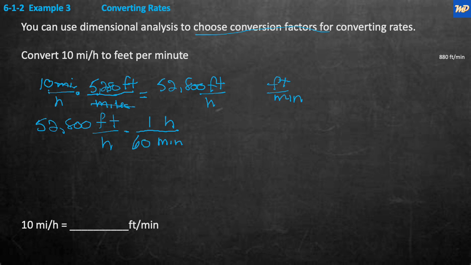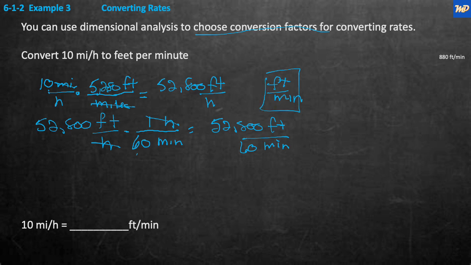Correct? So now when I do my math, this 1 hour is going to cancel with that hour, and I'm left with feet. I'm left with 52,800 feet per 60 minutes. Okay, so now I have feet per minute.